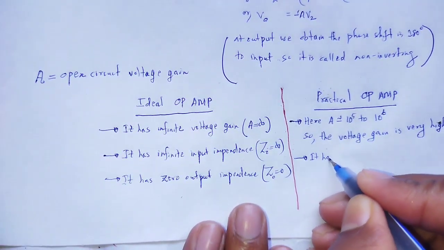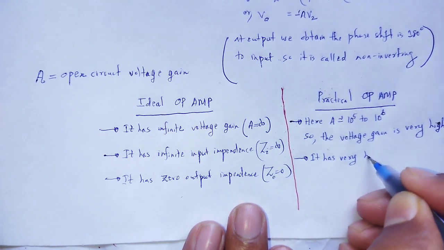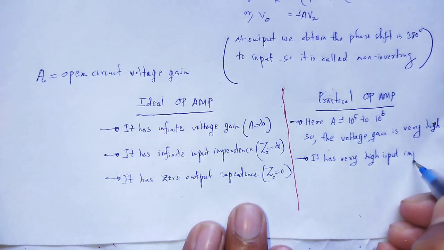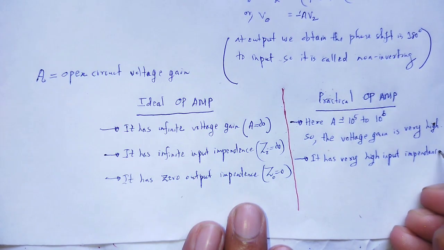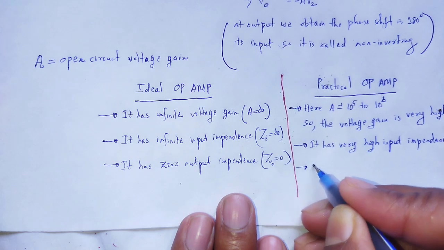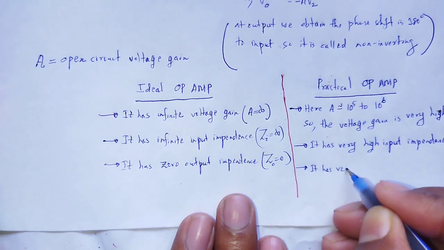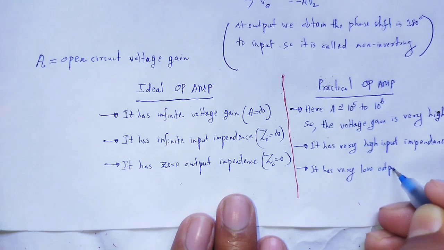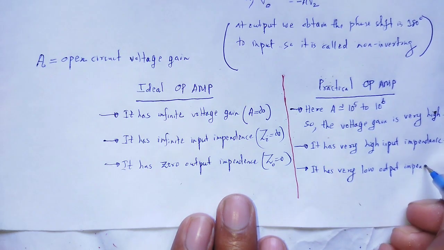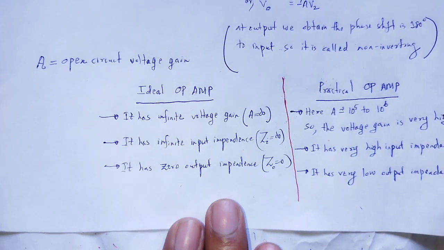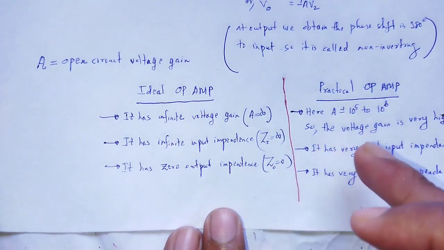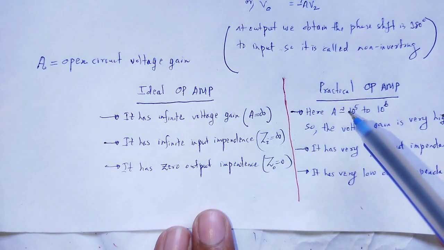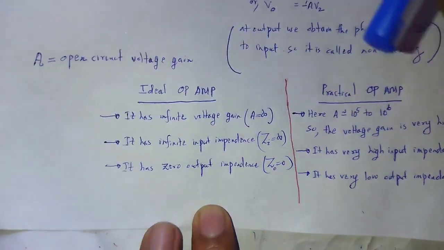It has very high input impedance, it has very low output impedance. These are some important characteristic features of the ideal op-amp and practical op-amp.